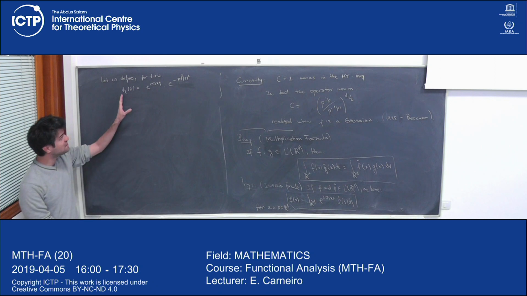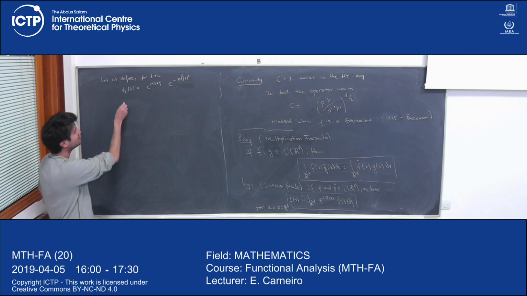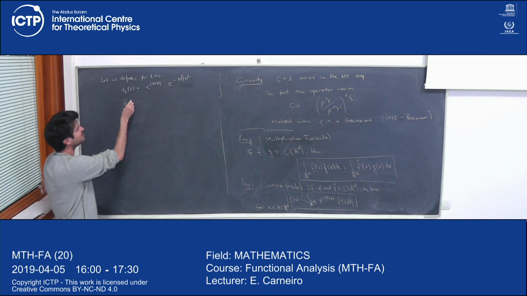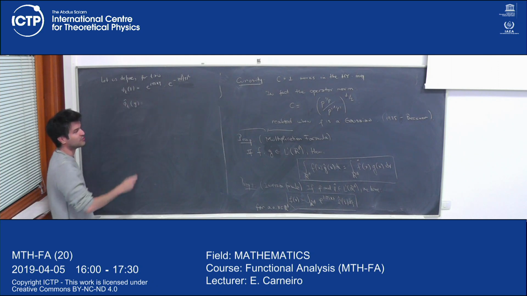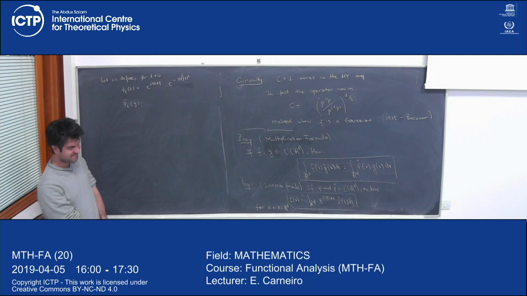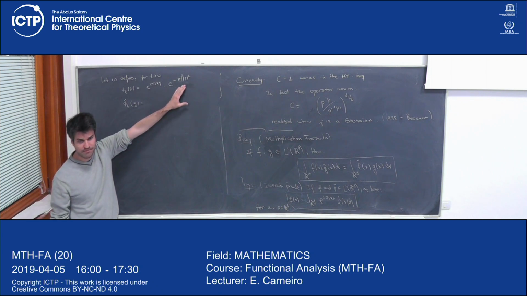If I define this as phi t of xi, what would be phi t hat of x, of y, if you want? We already know what the Fourier transform of this is, don't we?